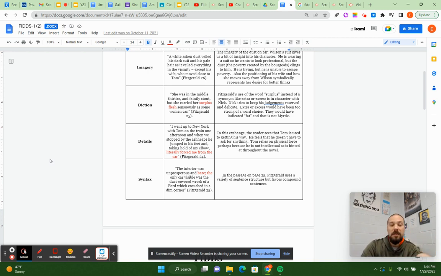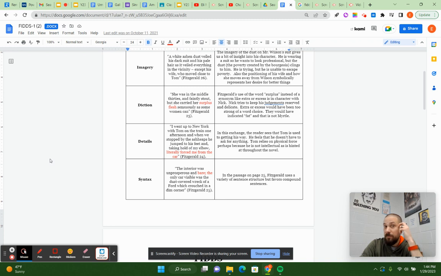An example here would be: "The interior was unprosperous and bare; the only car visible was a dust-covered wreck of a Ford, which crouched in the dim corner." So what he does here is he uses a semicolon.